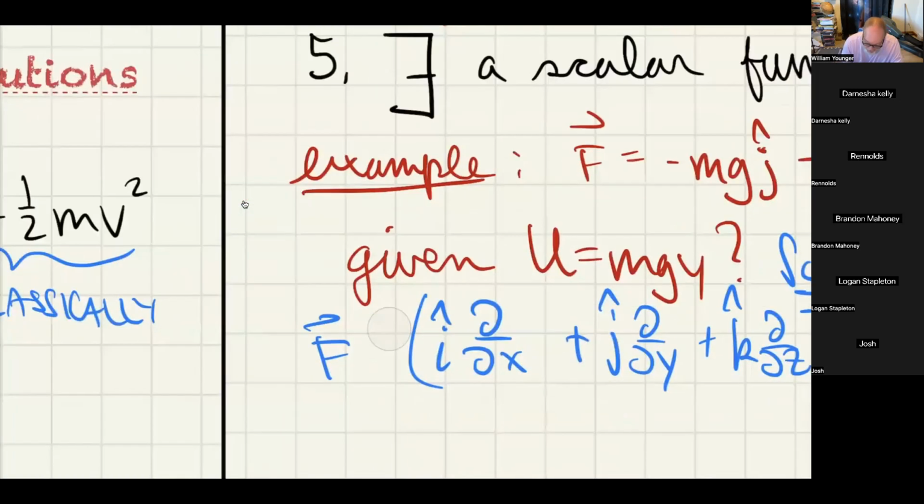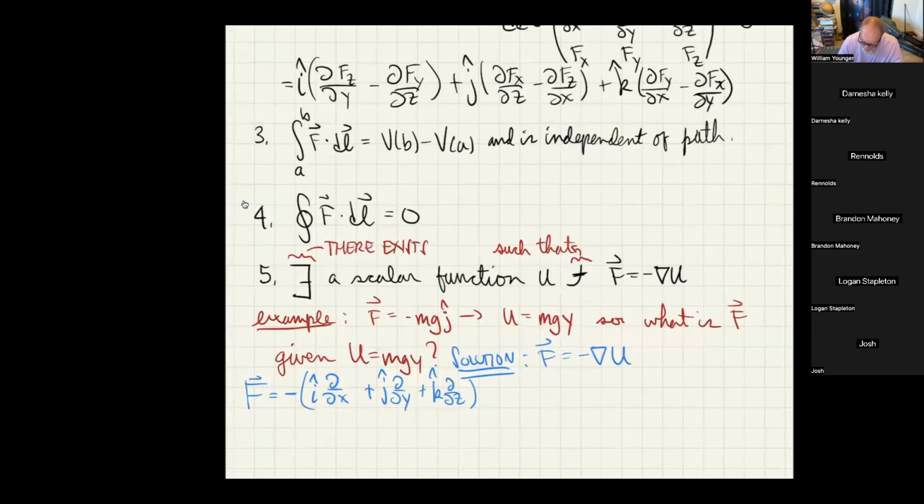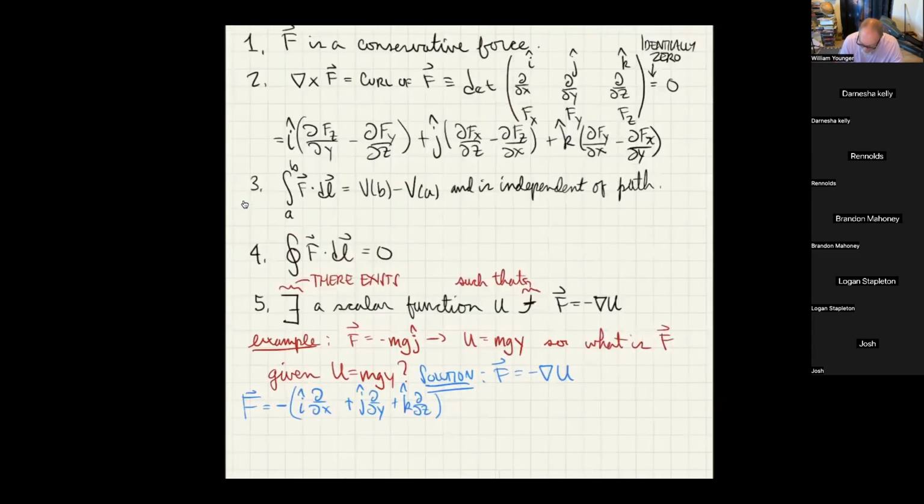Actually, I'm going to make this a little better. Let's say F is equal to the negative of this times what our function was, m times g times y. Now the only one that really survives is the j hat partial with respect to y of y.